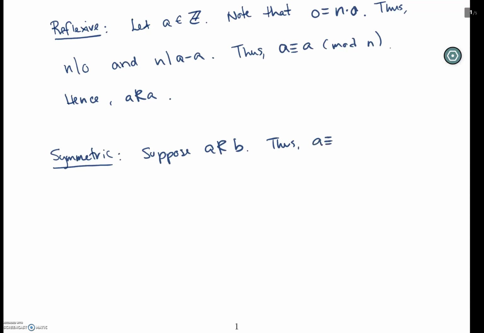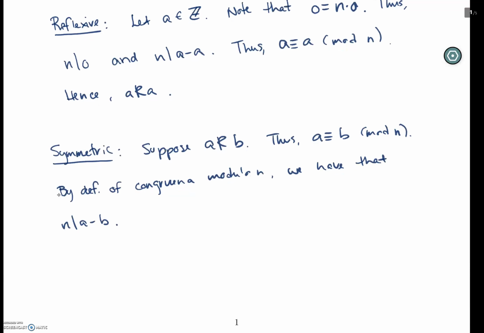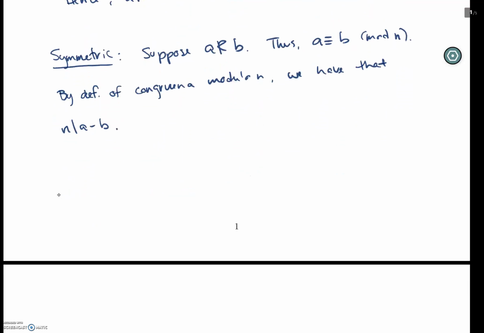Thus, a is congruent to b mod n, which in turn, by the definition of congruence modulo n, we have that n divides a minus b, which in turn means we may write a minus b equals nk for some integer k.